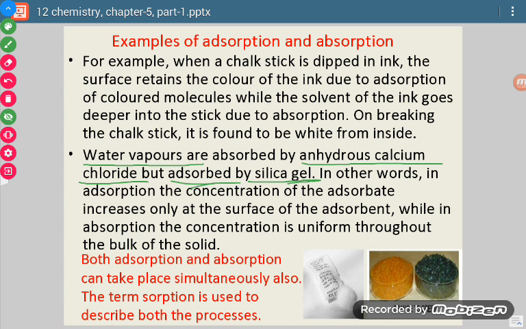What does it mean? It means if silica gel is taken, the molecules will have more concentration on the surface, whereas if I take calcium chloride, then water molecules will have concentration throughout the sample, from inside also, from surface also, so that will be termed as absorption.